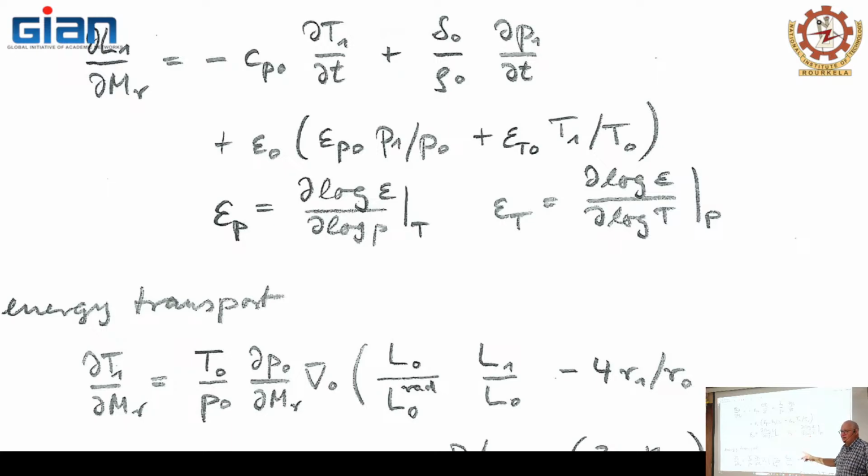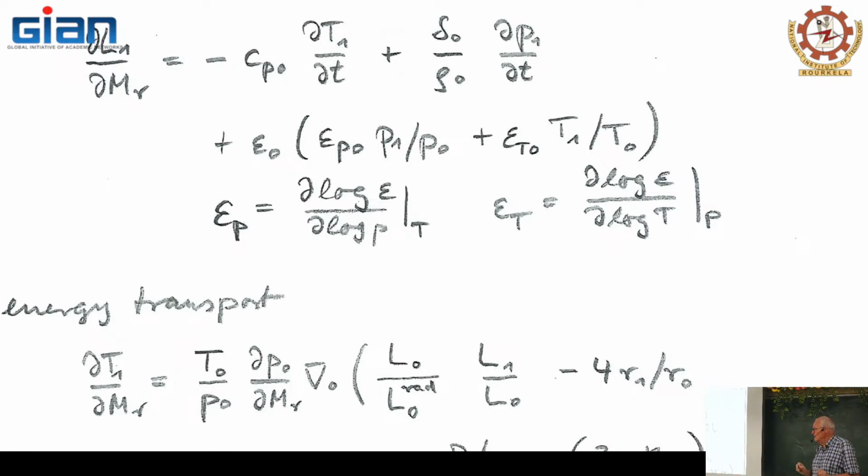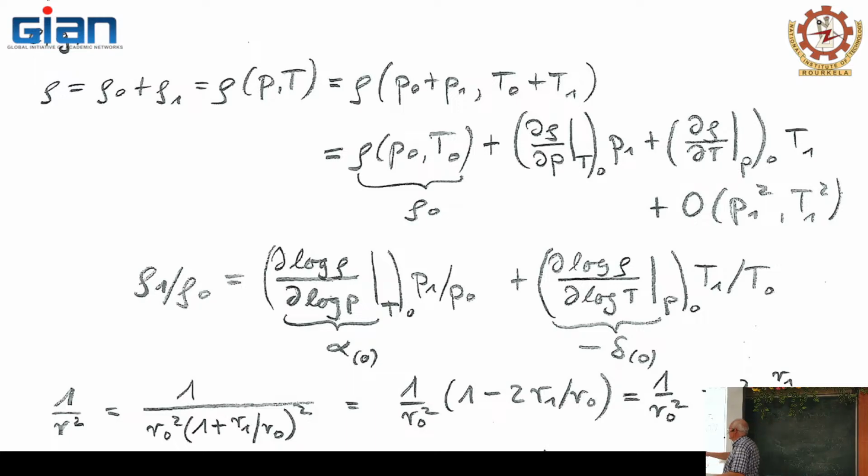Well, this is simply linearization, done in the same way as it's done for the density. For the density we simply have to replace the derivative of the density with respect to pressure and temperature by the derivative of either the energy generation rate or the opacity with respect to pressure and temperature.